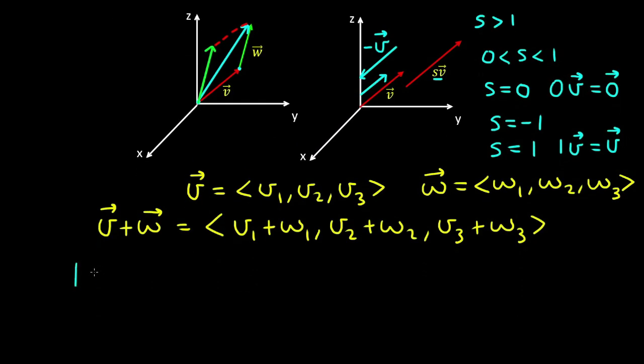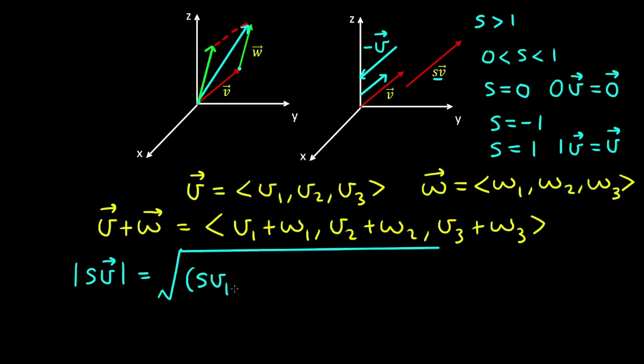Now the magnitude or length of the vector that results from multiplying v by a scalar is equal to the square root of s multiplied by the first component squared plus s by the second component squared plus s by the third component squared.